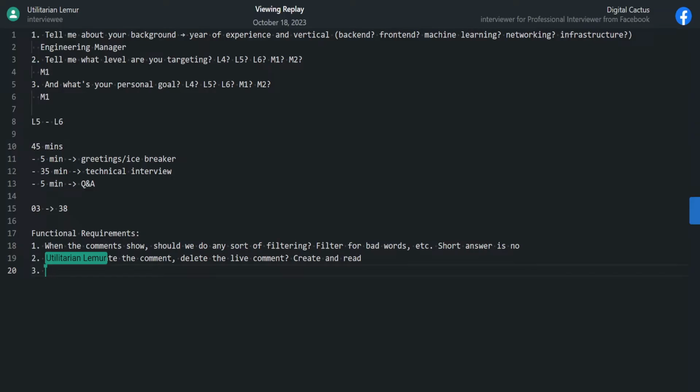I think the other question I had was, is the comment just text-based, or do we support media, like uploading photos, video?